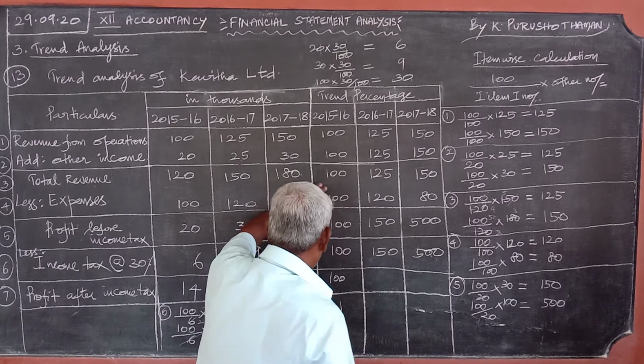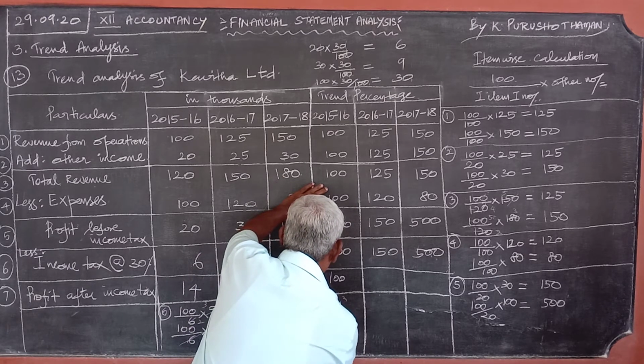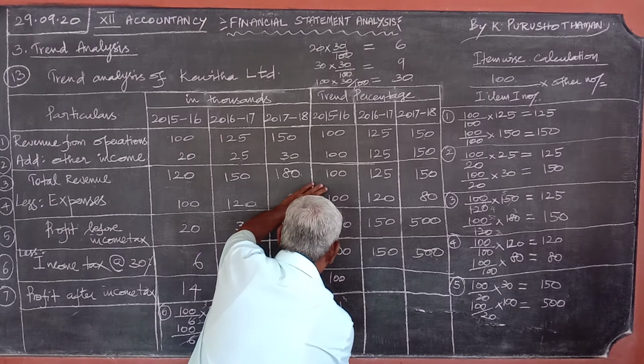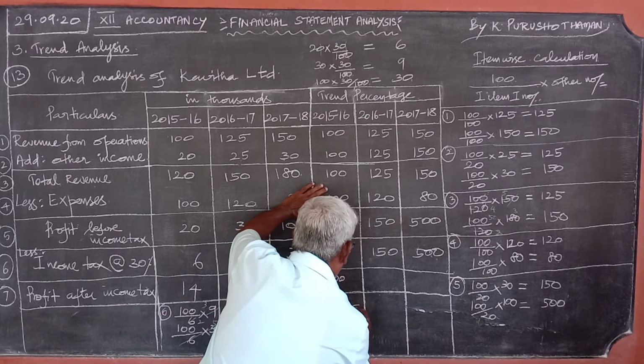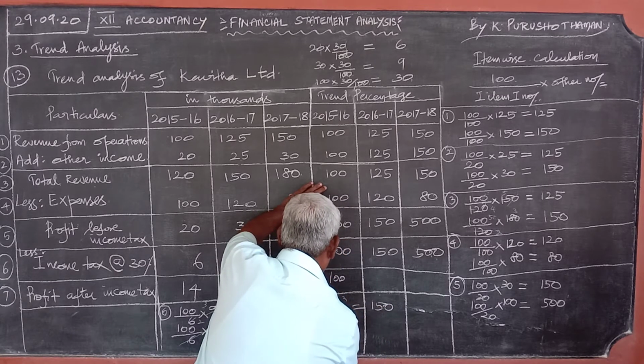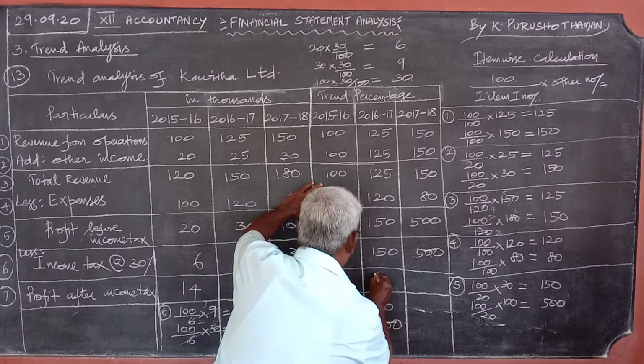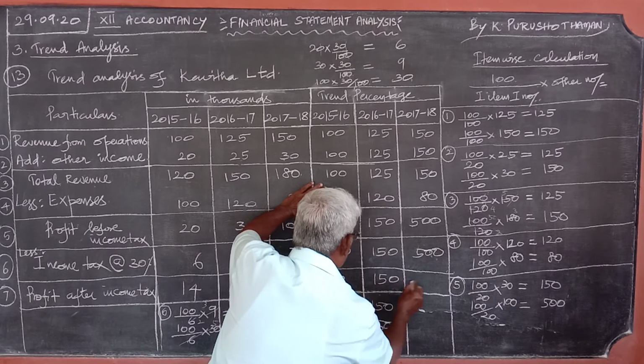Then the same thing here. 2 sevens, 3 sevens, the 2 and 50s are cancelled. 3 into 50, 150. Here 5 into 100, 500. So 150, 500.